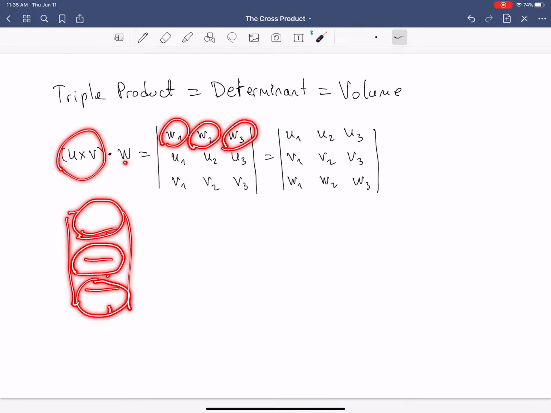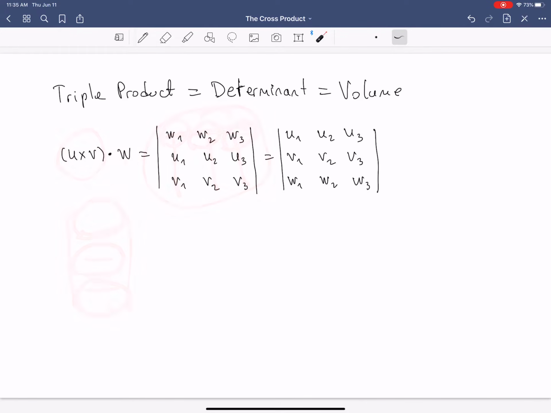They're actually cofactors of this matrix, for here, here, and here. So in fact, this dot product is exactly this matrix, with W1, W2, W3 being in the top position, replacing i, j, and k. That being said, I could also take W on the left-hand side. That's not important because the dot product is commutative.